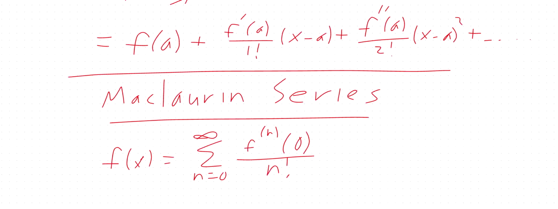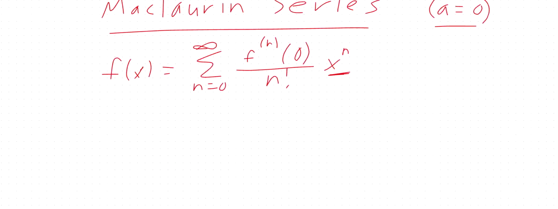And since our a is 0, it's just x to the n. So a equals 0. Make life a bit easier. The Taylor series aren't too bad to deal with, but Maclaurin series, since it's only x and not x minus something, just makes life a whole lot easier.